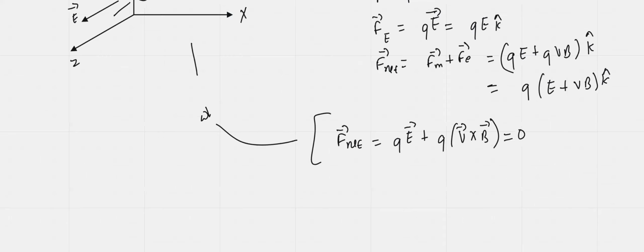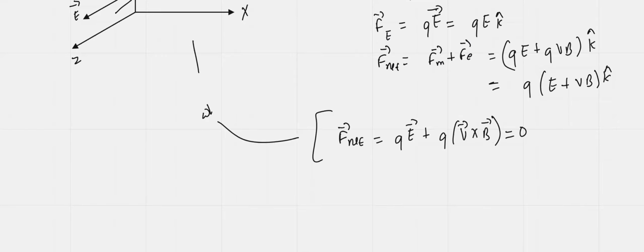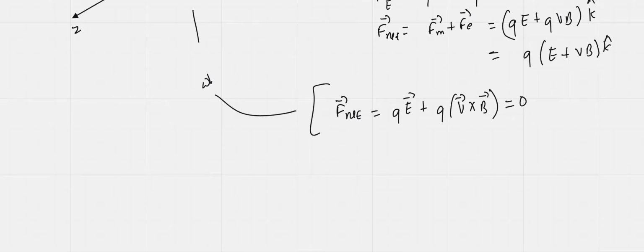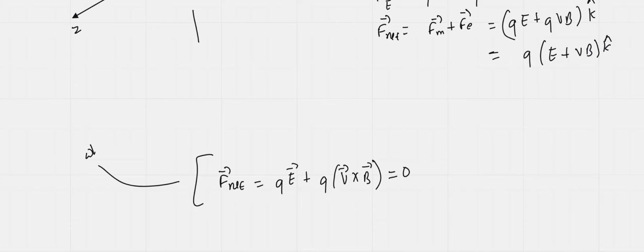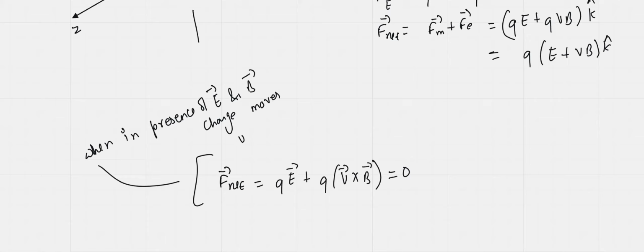When, in presence of E and B, the charge moves undeflected, or without effect of the fields, what does this mean?